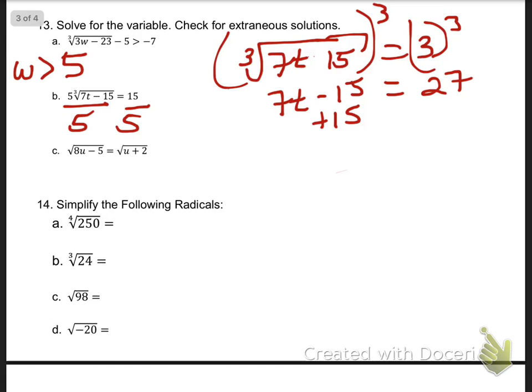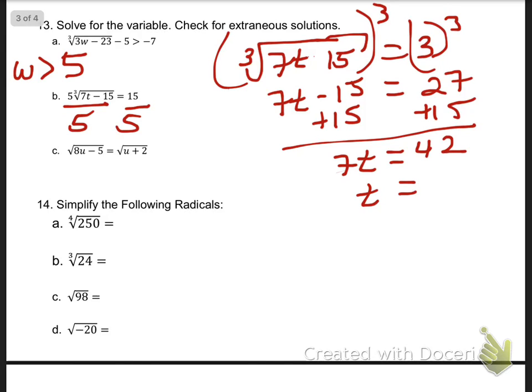Add 15 to both sides. And I get 7t is equal to 42. Divide both sides, and I get t is equal to 6. And remember what I said, because it is a cube root, we don't need to check for extraneous solutions.